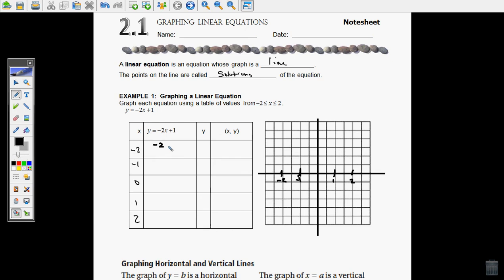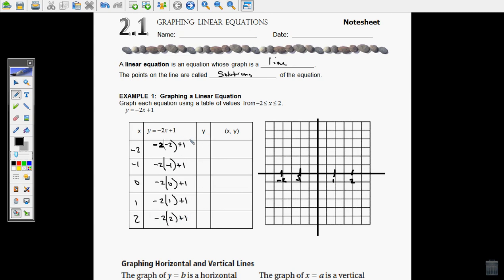It's going to be negative 2 times x, which I'm saying is negative 2 in this case, and then plus 1. And in this case, it'll be negative 2 times negative 1 plus 1. In this case, it'll be negative 2 times 0 plus 1. In this case, it'll be negative 2 times 1 plus 1. And in this case, it'll be negative 2 times 2 plus 1.